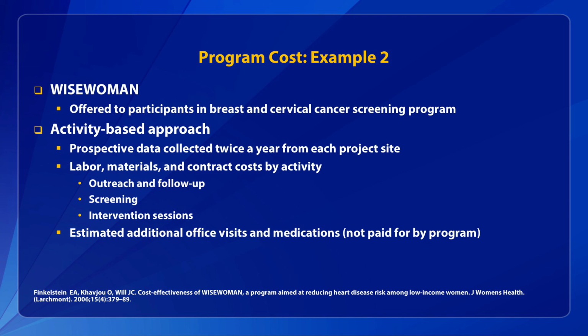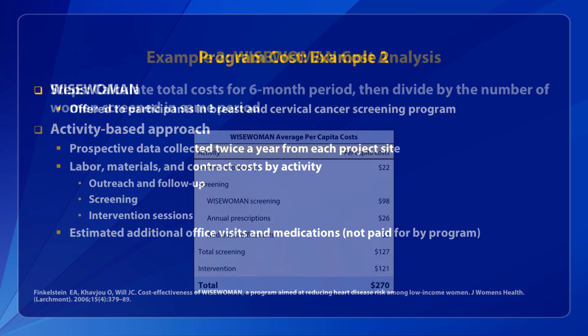The 3 main activity areas included outreach, screening, and intervention sessions. In addition to costs from the perspective of the program implementer, the authors also included those costs not paid for by the program, including costs to participants associated with extra office visits and medications.